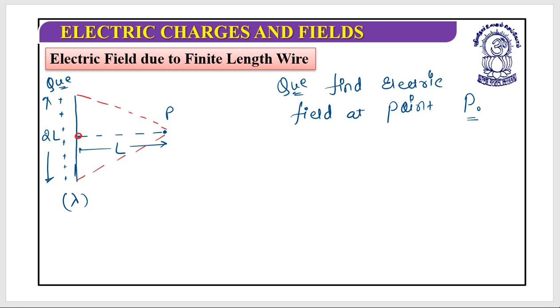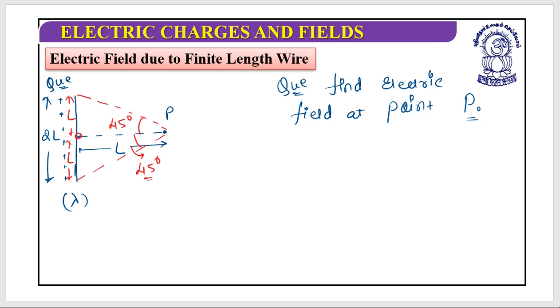As I said, this is a midpoint, so this length would be L and this length would be L. As the horizontal distance is L, this angle would be 45 degrees and this angle would be 45 degrees. Are you sure? Okay.